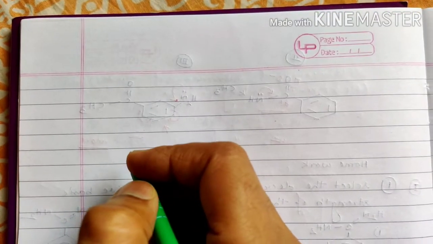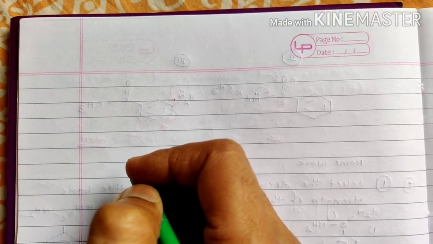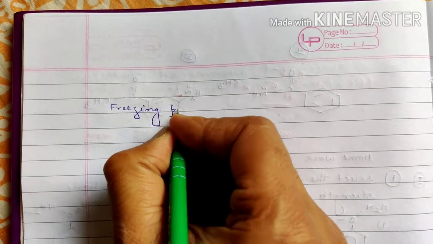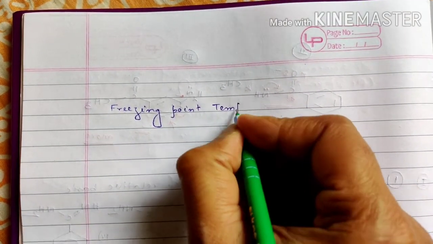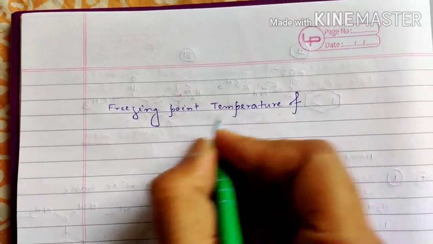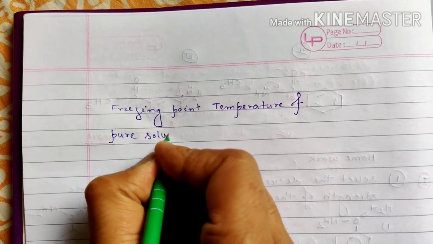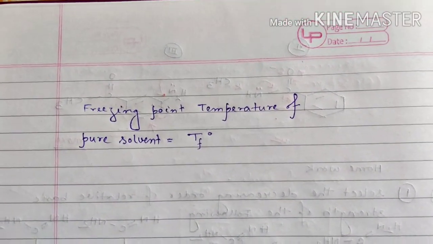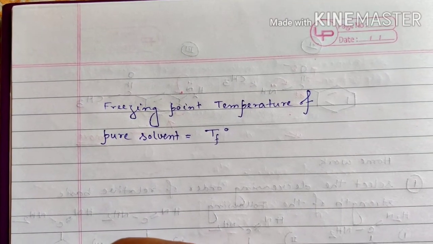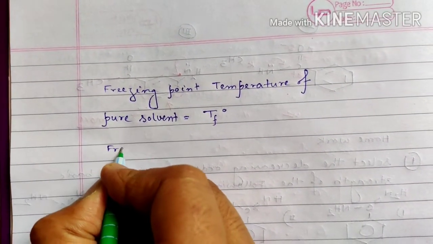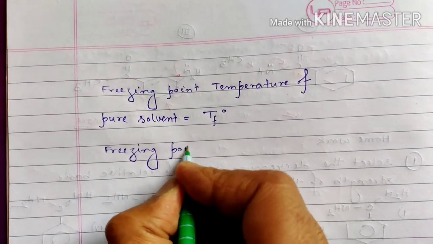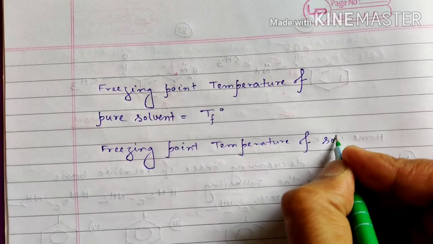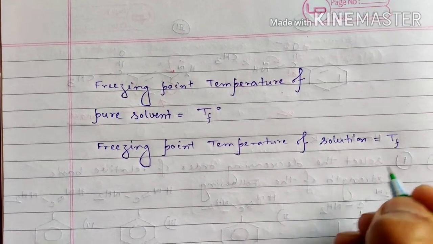Here, if we consider the freezing point temperature of pure solvent as TF naught, and at the same time we consider the freezing point temperature of solution, that is TF only.